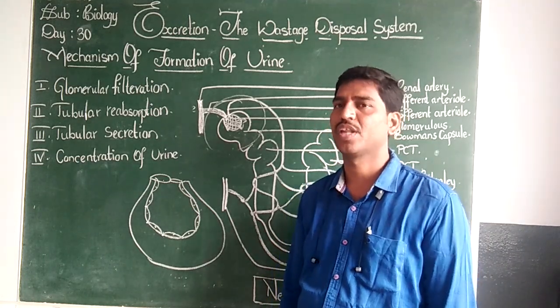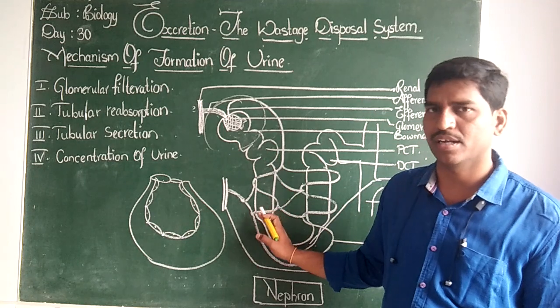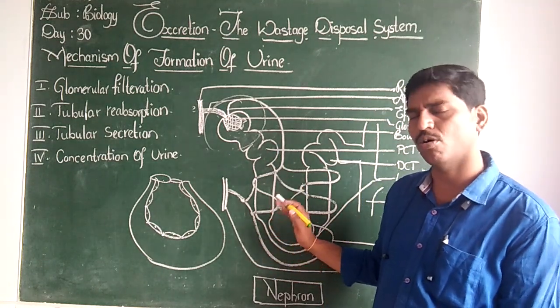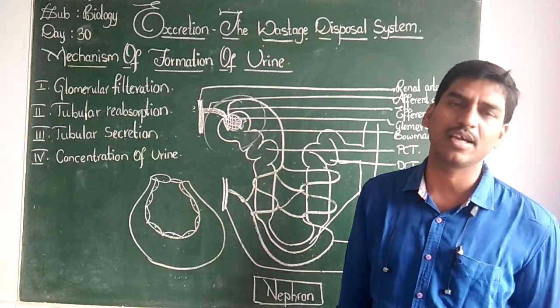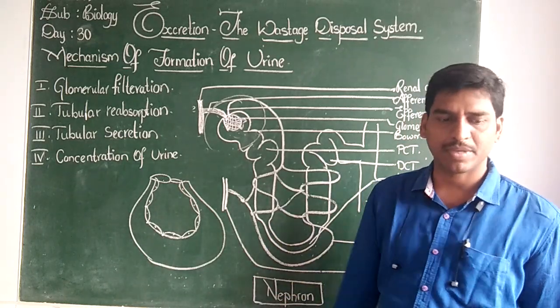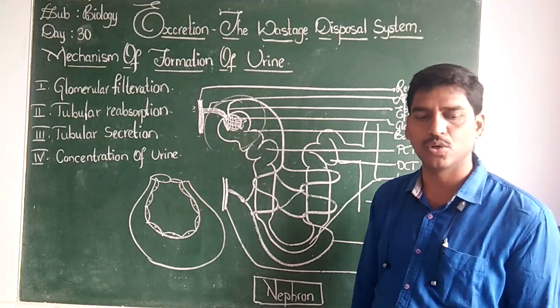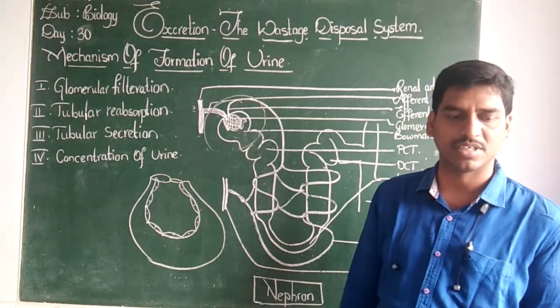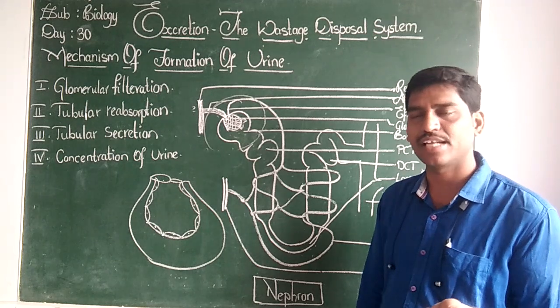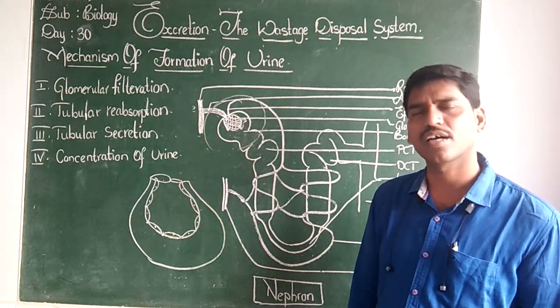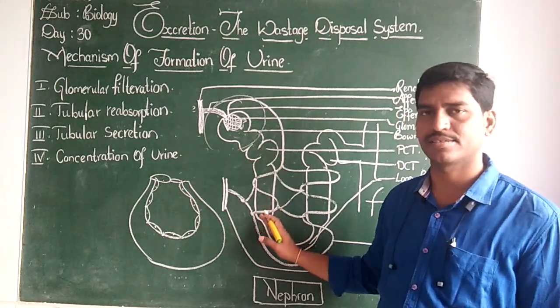Now let us see. In the primary urine, like I already told you, all the necessary things are also being removed out. There may be so many different things, like glucose, amino acids, vitamin C, potassium, calcium, different chlorides, different salts, water; all the things are being passed out.